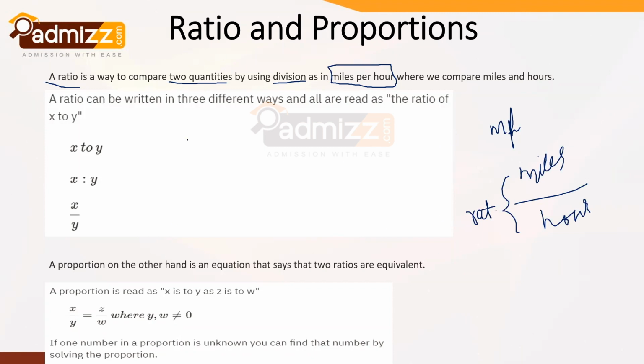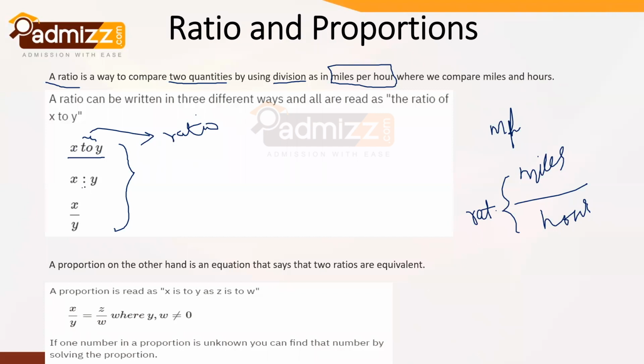Now, there are various ways of expressing ratios, but 3 are most commonly used. One is the verbose form, which we plainly write in English, x to y. So "to" is the word that denotes a ratio. Whenever you see "to" in some problems including numbers, you have to understand that it is sort of including a ratio, but you have to read the entire context as well.